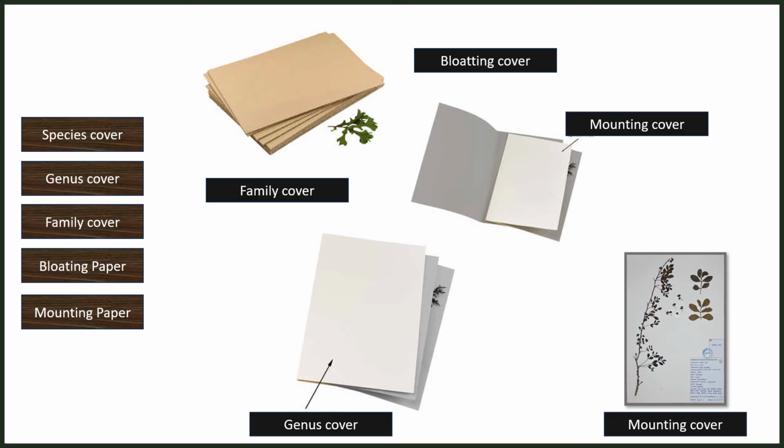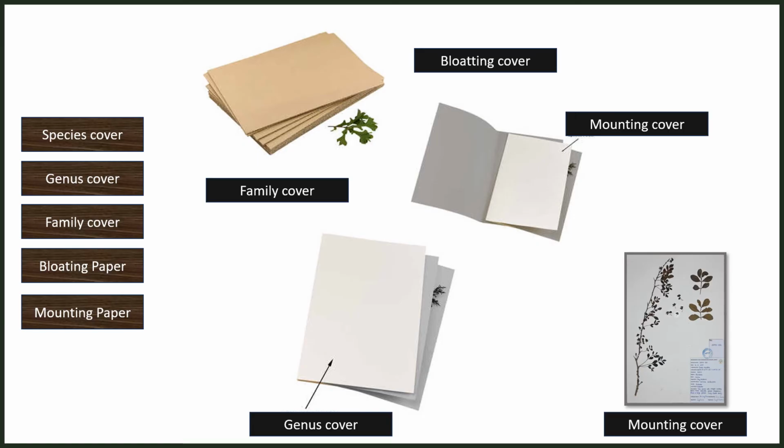So inside the genus cover you will find different, sorry, not genus cover, it should be inside the species cover. Under this species cover, you will find the same species from different habitats or different places.